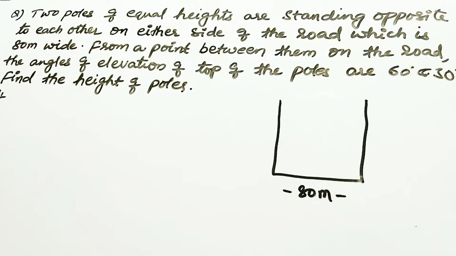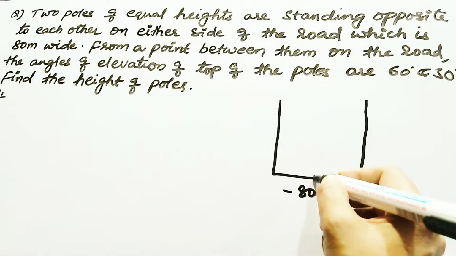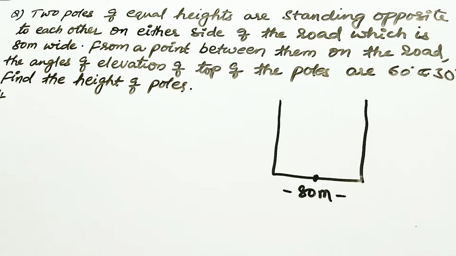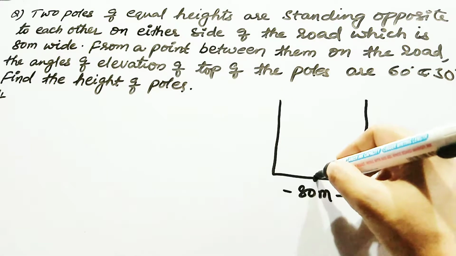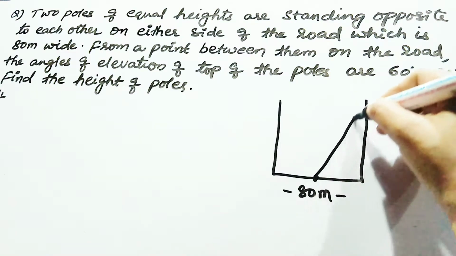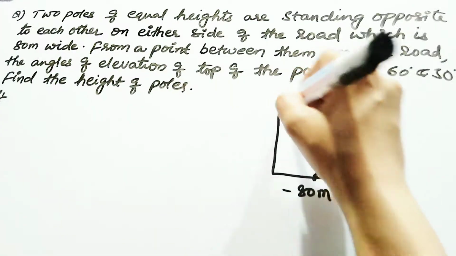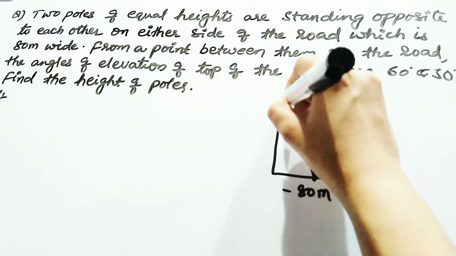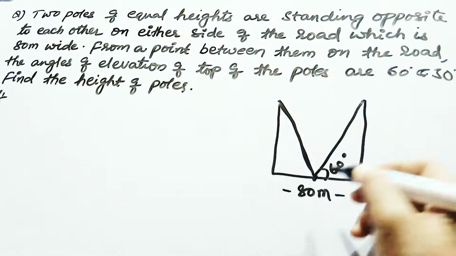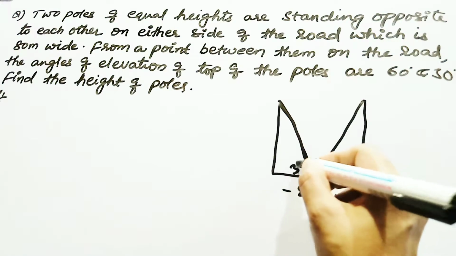From a point between them on the road, the angles of elevation of the tops of the poles are 60 degree and 30 degree. This is your 60 degree, and this is your 30 degree.